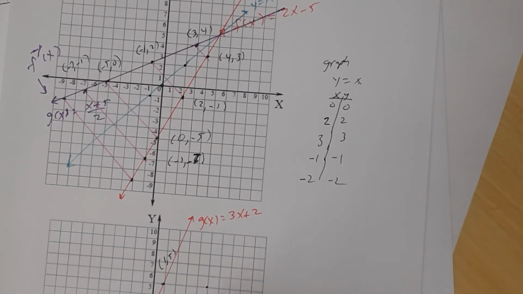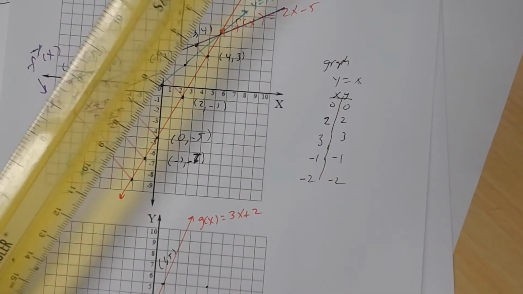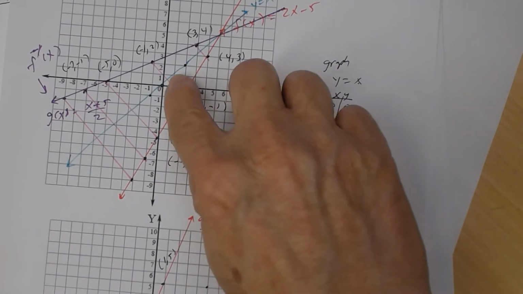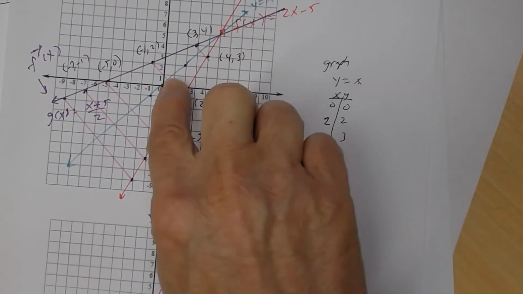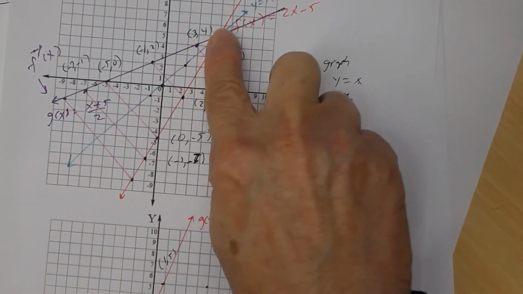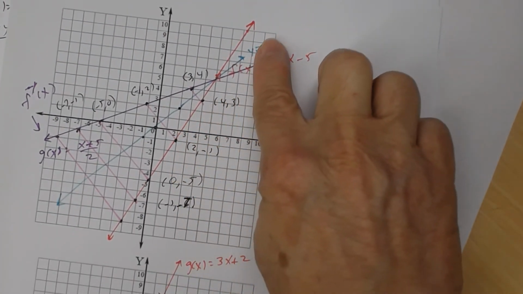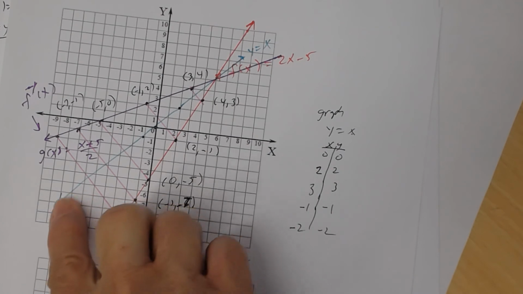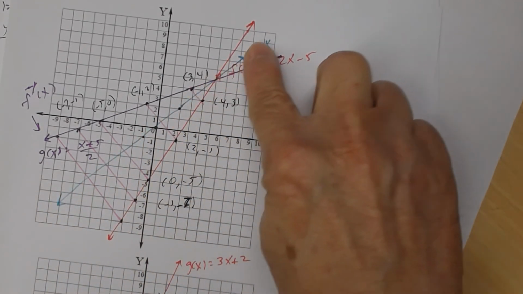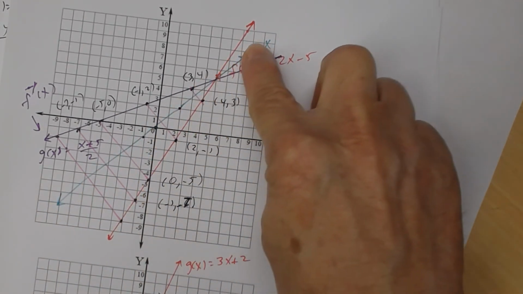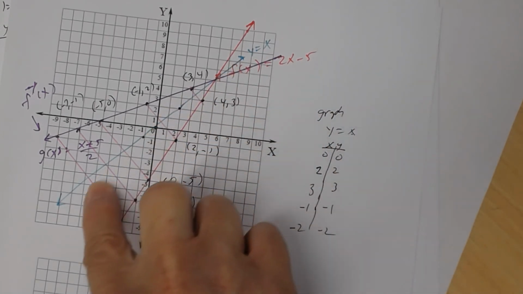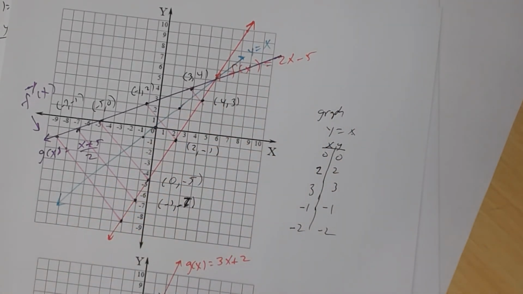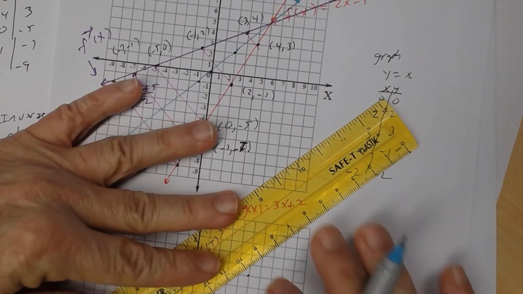So basically all these points, the x and the y, are the same coordinate. And so notice that y equals x goes through the first quadrant and the third quadrant, right in the middle. See, it cuts the quadrants in half. See this? Okay. Same thing here.